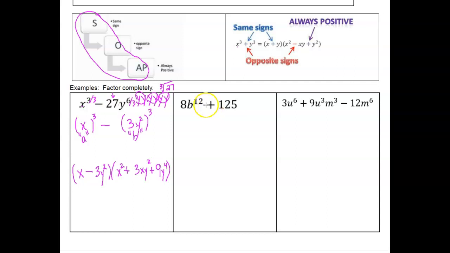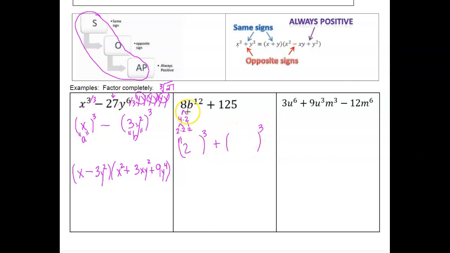So now I have the sum of perfect cubes, because I can't take the square root of 8, and they don't have anything in common. But if I break down 8, and you could do this if you don't want to do the cubed root, or you just don't know the answer, you could always factor these out. So then I've got 3 twos.